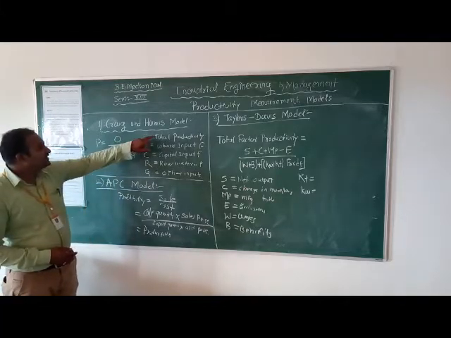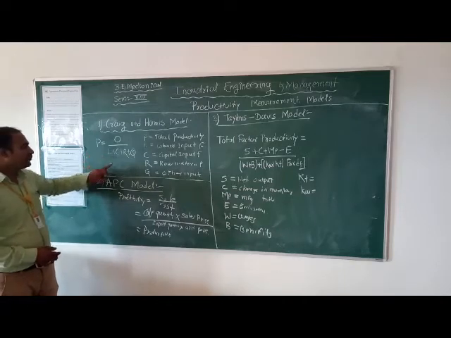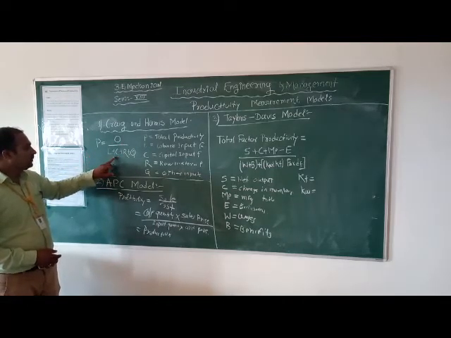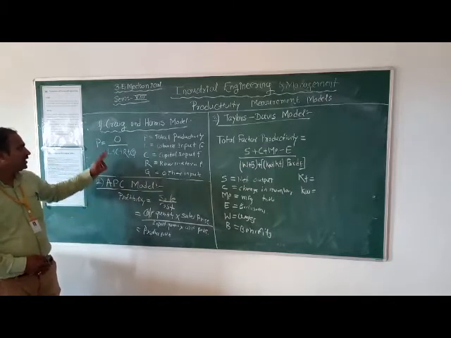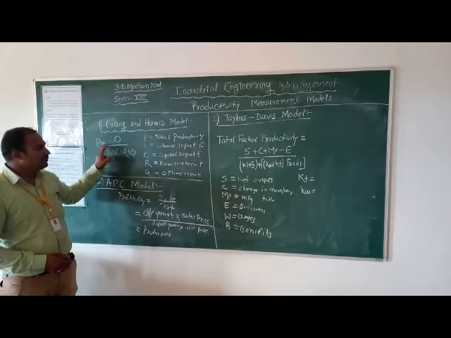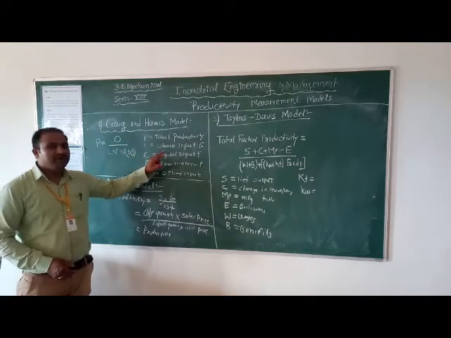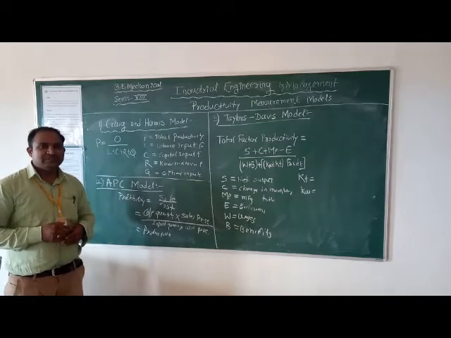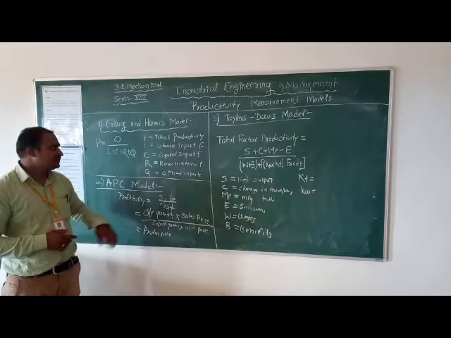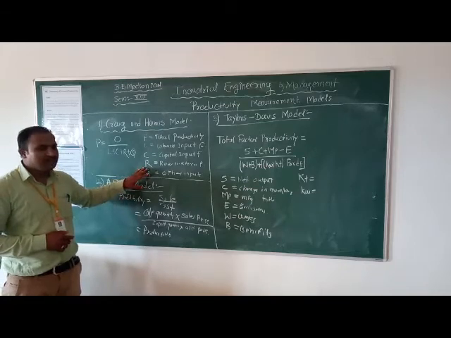In the Craig and Harris model, the productivity P is the ratio of output divided by L plus C plus R plus Q, where P is the total productivity, L is the labor input factor, that is the number of laborers used and the total cost given to them. Then C is the capital investment factor, then R is raw material.